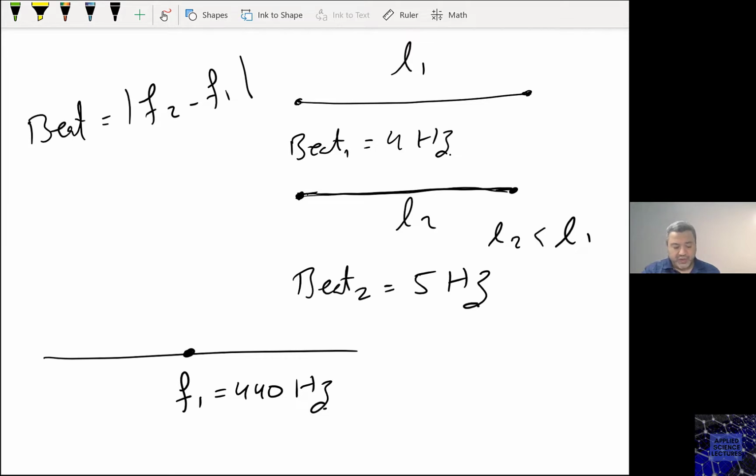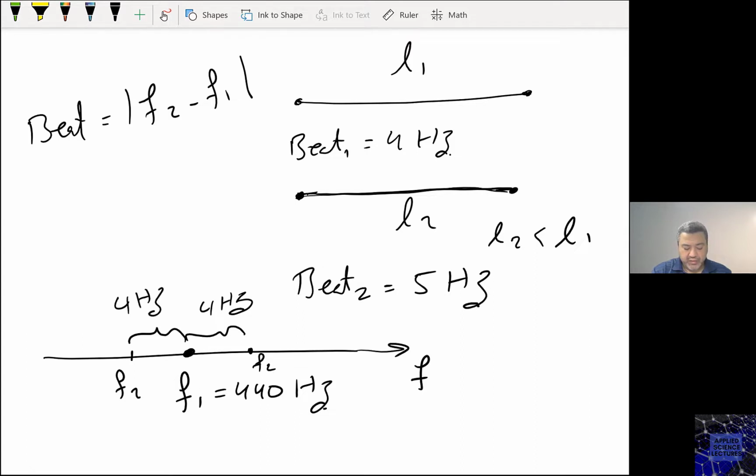And then the beat was 4 hertz in magnitude, which means either the frequency of the string is greater or the frequency of the string is smaller than the frequency of the tuning fork.